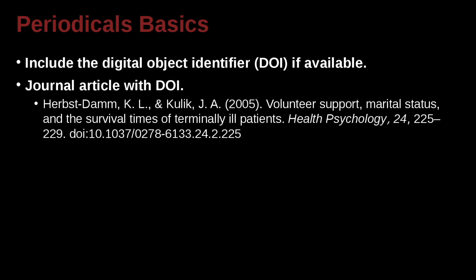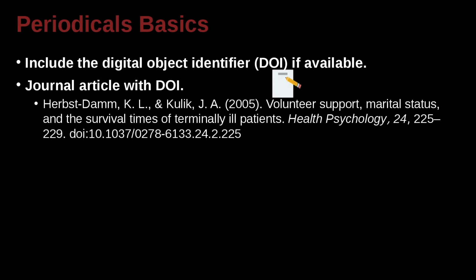And here's an example of one. So here we go. We have the author's last name, comma, first name, period, middle name, period, comma, ampersand, second author, last name, first name, middle name. So look at the spacing there very carefully. Then we have parentheses, the year of the publication, period again.